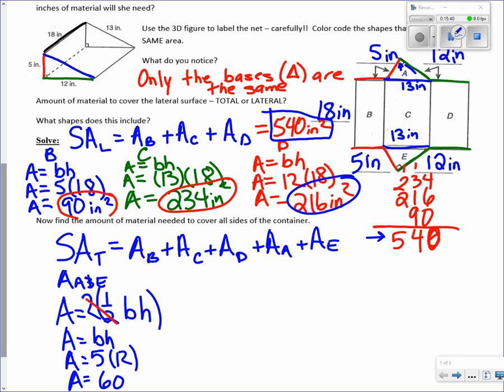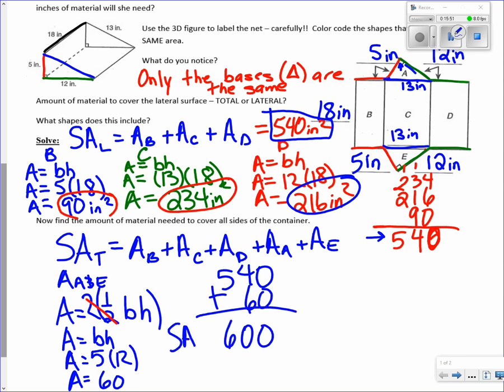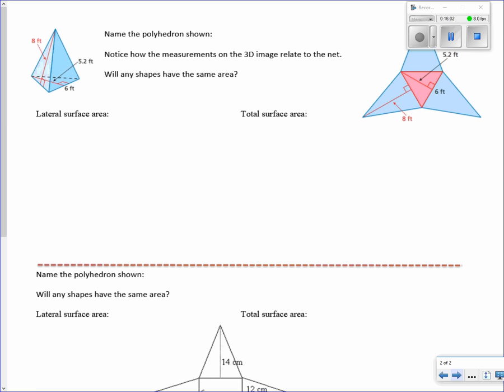Take our original lateral surface area plus the two bases makes our total surface area 600 square inches. Whew. Sorry. Okay. So again, guys, these are not hard. These are like your composite shapes. They take a lot of time because you have to break everything up.